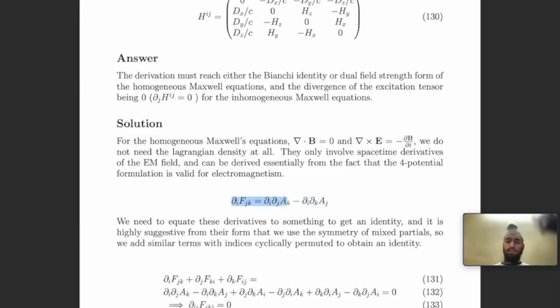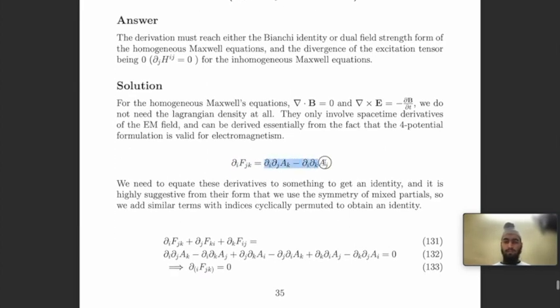You take the most general derivative ∂_i F_jk, and this term, now this is just an expression. What do you do with this? You need to equate this derivative to something to get an identity, and the identity will become the Maxwell equation, right? And here you realize there are mixed partials happening, right? So it is suggested that we use the symmetry of mixed partials to get an identity.